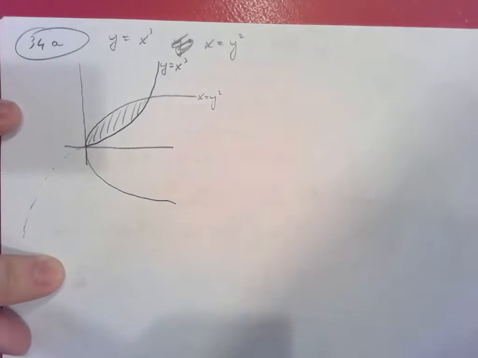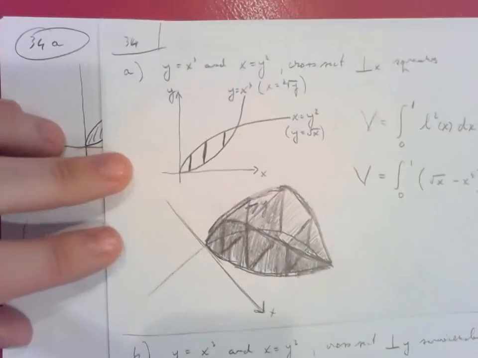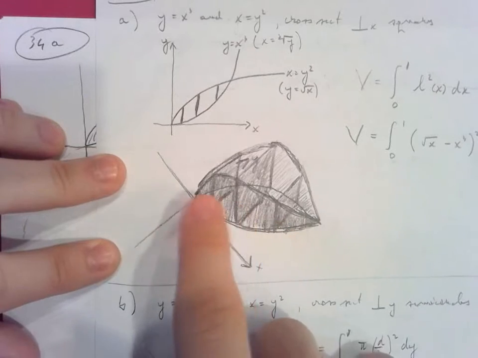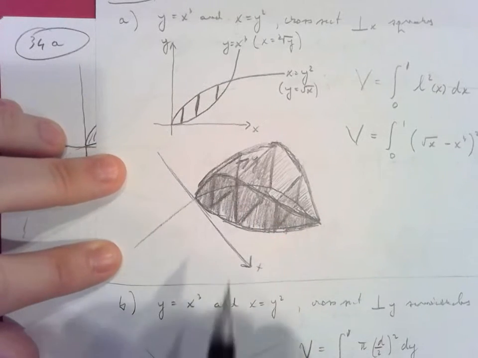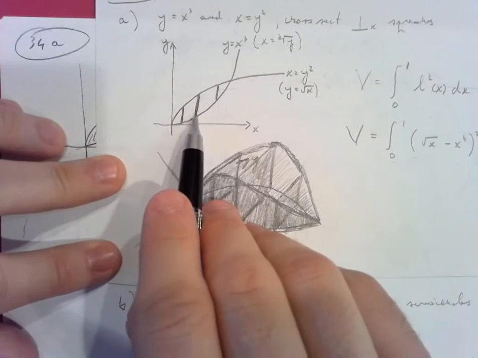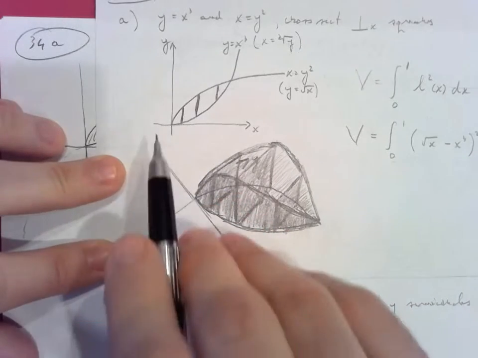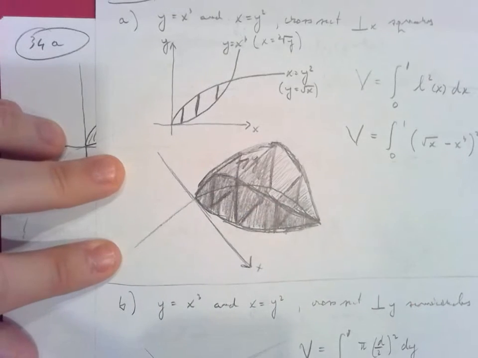Now I made a quick sketch earlier when I was doing the solution of this problem. So this is what the solid would look like, with cross sections being squares, and the cross sections that I'm highlighting here are exactly these three lines that I drew in the region on the 2D plane.